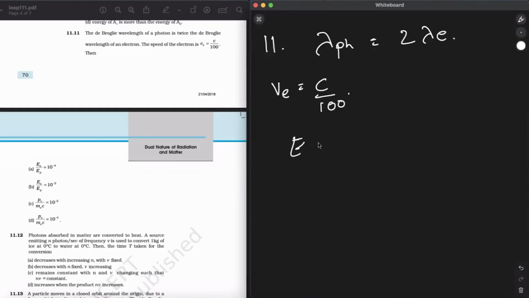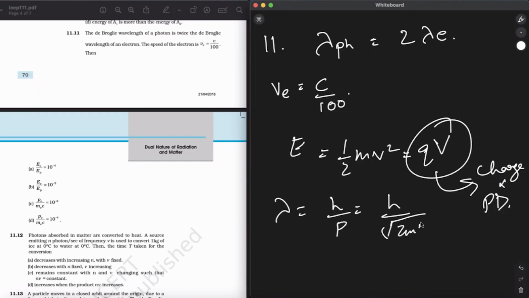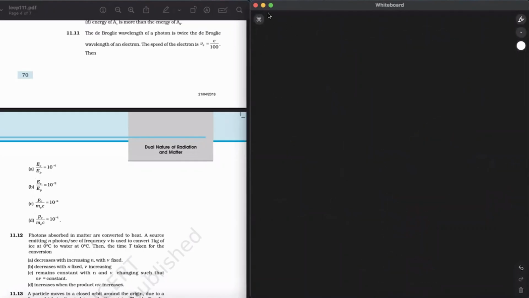Okay, so the energy I can write as half times mv square, which is also equal to q times V, where V is the potential difference and q is the charge. Charge multiplied with potential difference. Now the de Broglie wavelength lambda is equal to h upon p, which is h upon under root of 2mE, which is h upon under root of 2mqV.